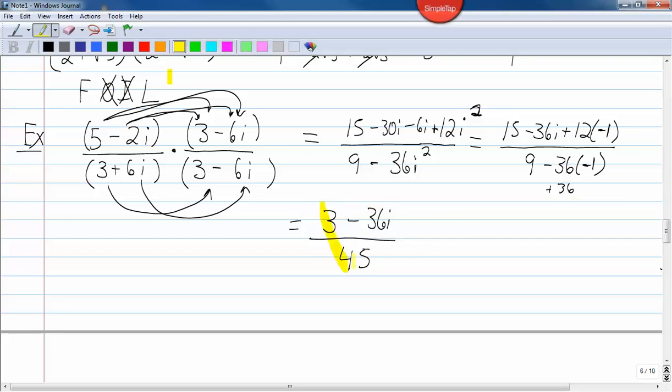You say the first term over the denominator, and then depending on the sign, plus or minus the next term over the denominator. I'm going to break it into its two terms. So that's 3 over 45 minus 36i over 45.